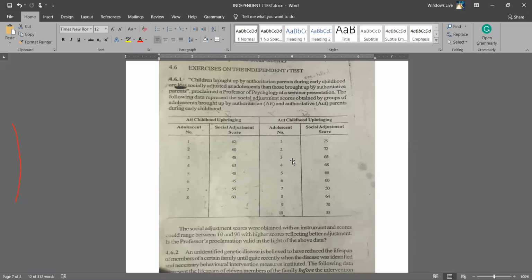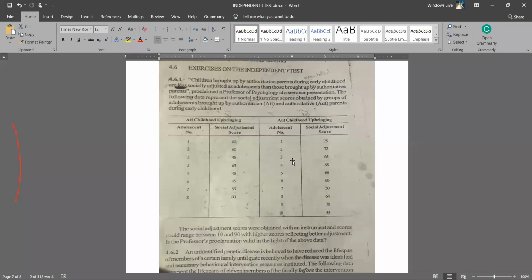What were they measuring? They are measuring social adjustment. Yes, exactly. Then you ask yourself, social adjustment, it is on what scale of measurement? I told you all the psychological constructs fall under what?